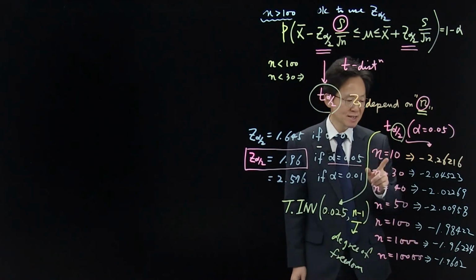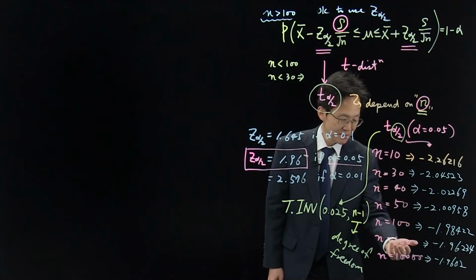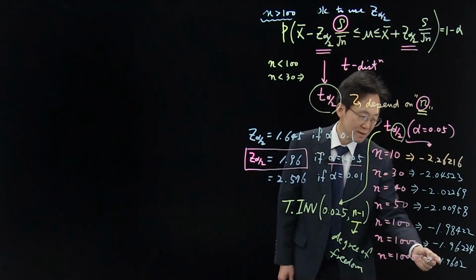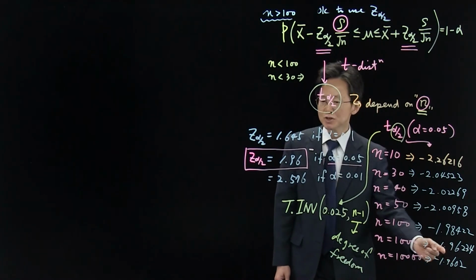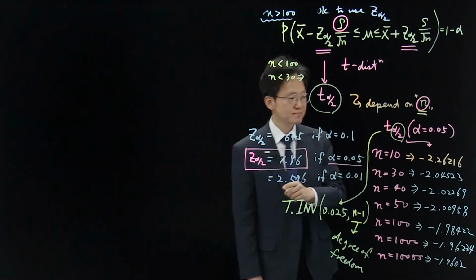So you now see why I asked you to get these t multiples for different sample sizes. And you see that as the sample size gets large, especially when the sample size is 10,000, the t multiple becomes 1.96, which is almost the same as for a standard normal distribution.